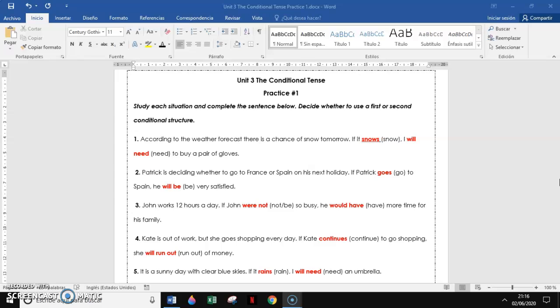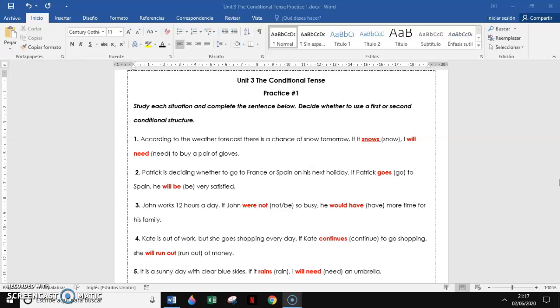And we use the second conditional to talk about things that are unlikely to happen, things that are not probable to happen, imaginary situations, hypothetical situations, right? The structure for the first conditional is the verb in the present simple tense plus will.